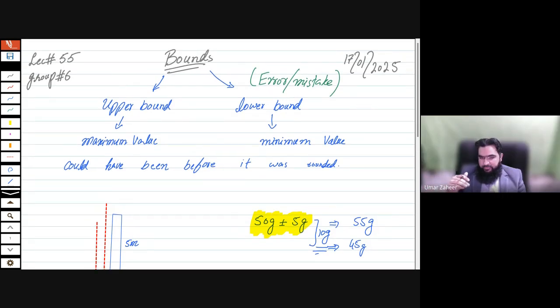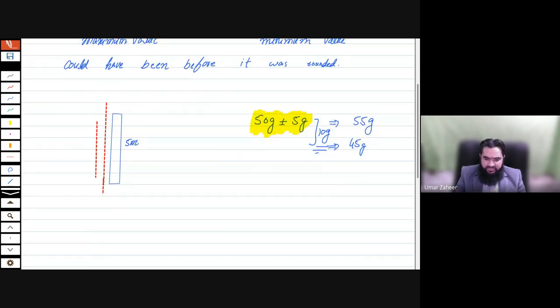Yes, sir. First of all, you have to understand what a bound is. Bound is all about a small error that we take in the mass of something or the length of something. For example, if I measure using different devices, maybe I have to write it as plus minus 2 centimeters.